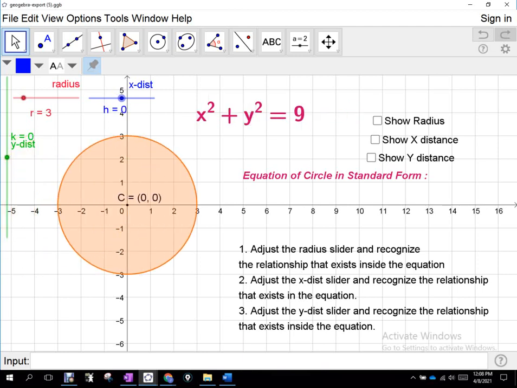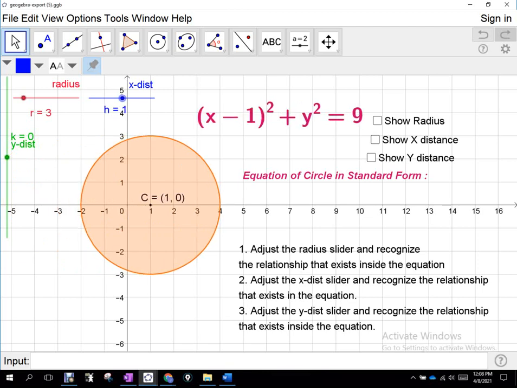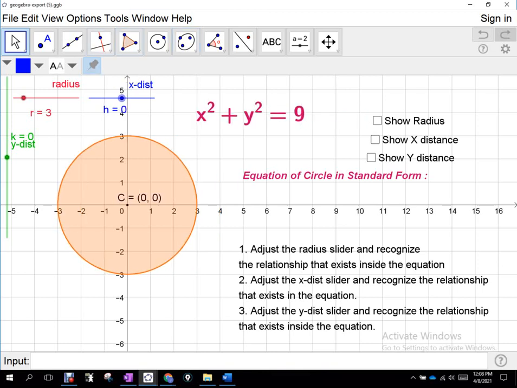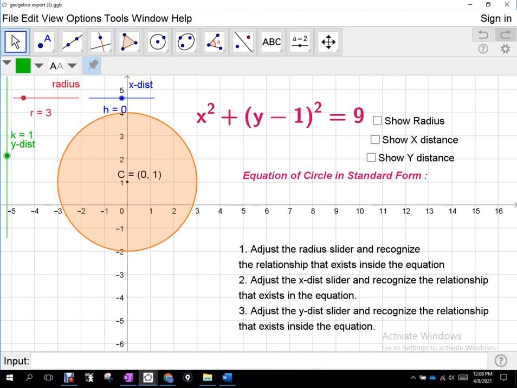If I wanted to go up, up and down is attached to the y value, right? So if I want to go up, click on this tool. If I want to go up 1, you see then it goes y minus 1. So the 1, because I'm going up 1, is attached to the y value, but going up is subtraction in this case.